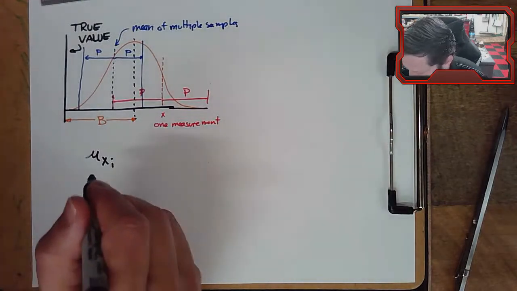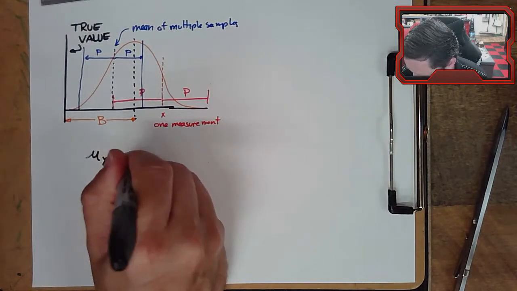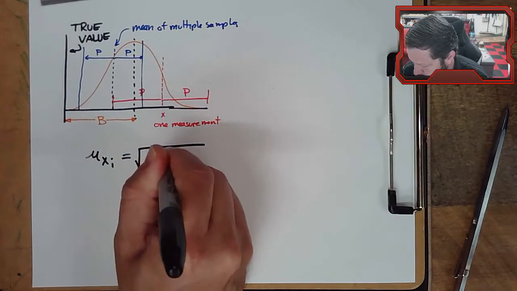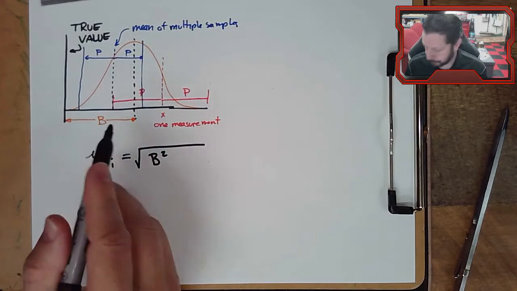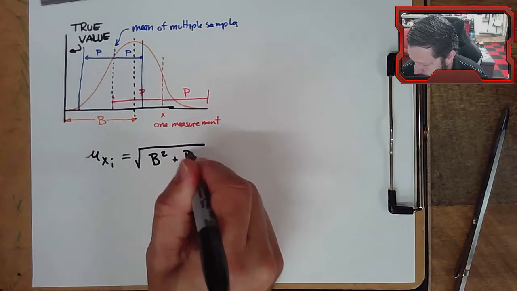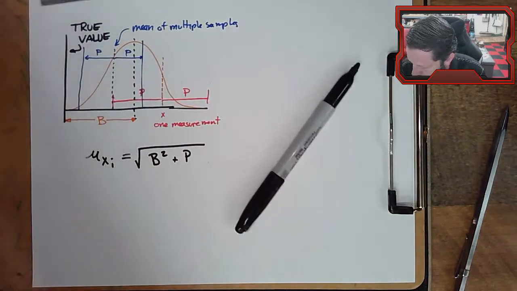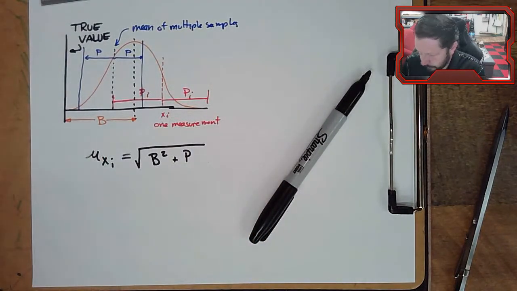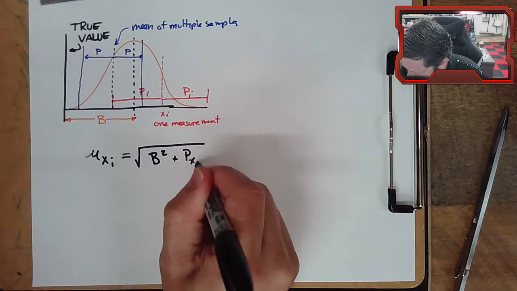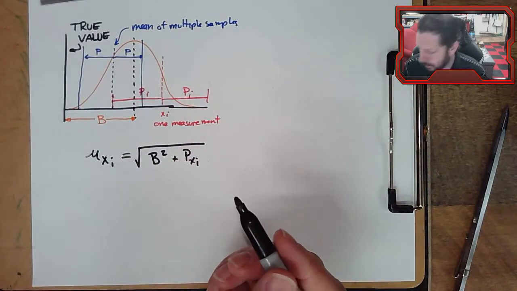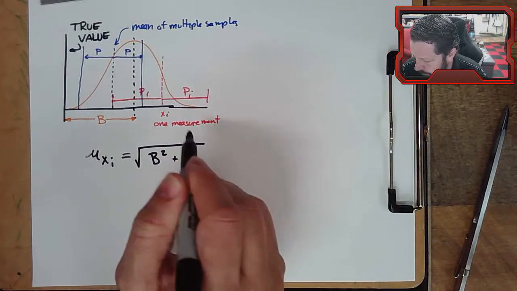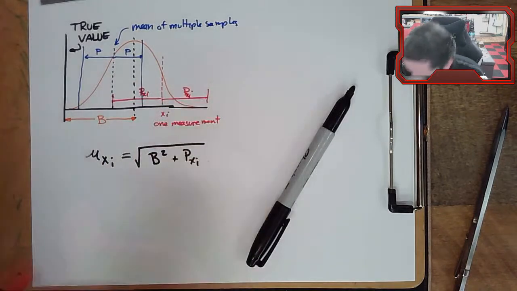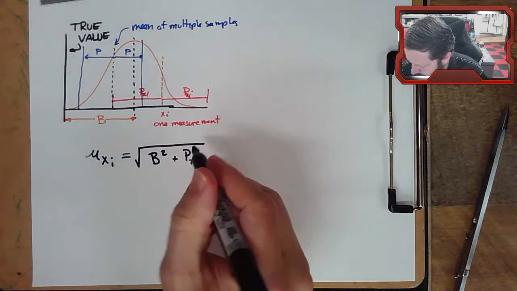The uncertainty for any individual measurement is equal to the square root of b squared, the offset, plus p squared, and we'll label this p_xi since it is for an individual measurement.